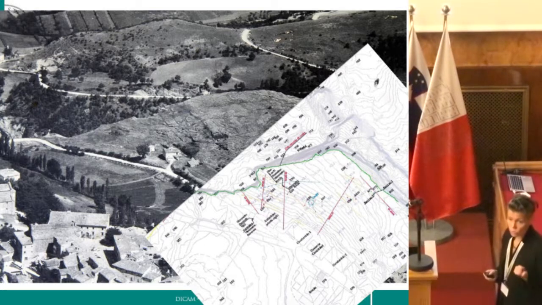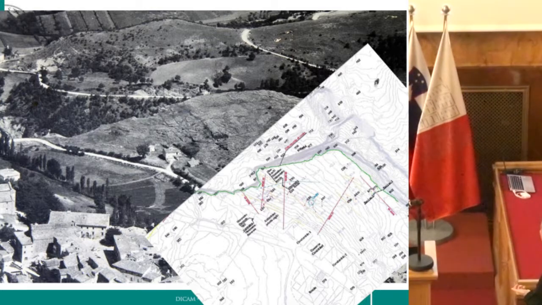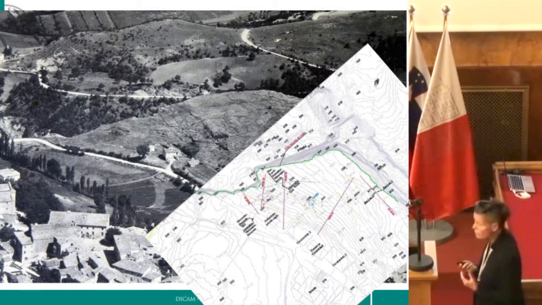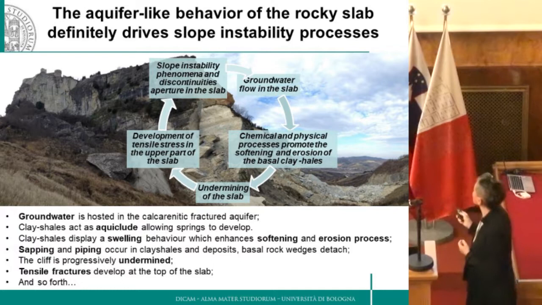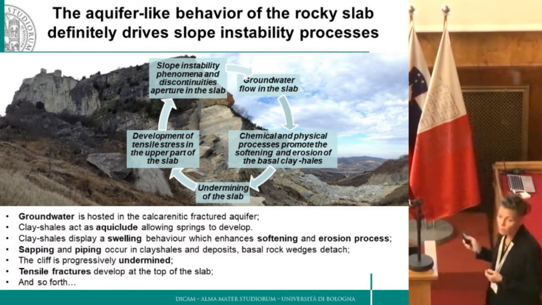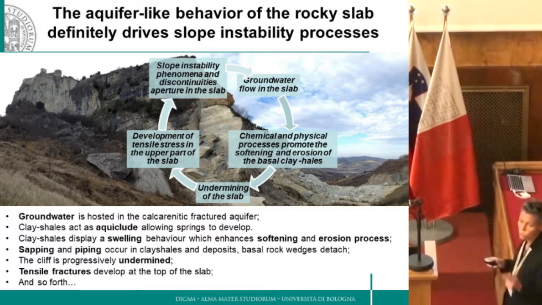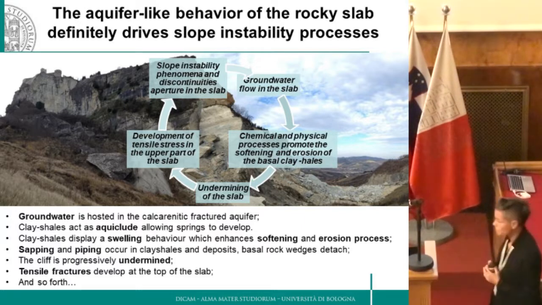So the discontinuities were there, and look, there are other open discontinuities, which are the ones that we were mapping. So this means that our model tells us that when you have these events, you have also the preparation of the next one.